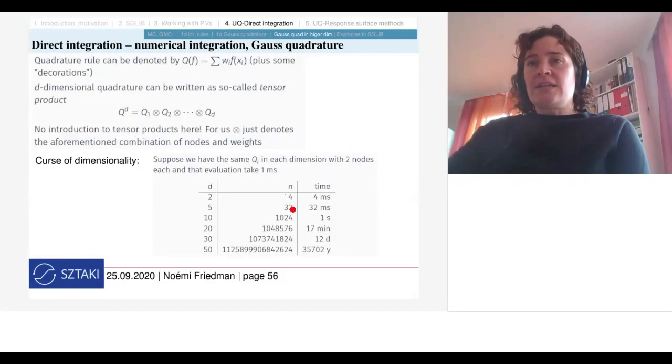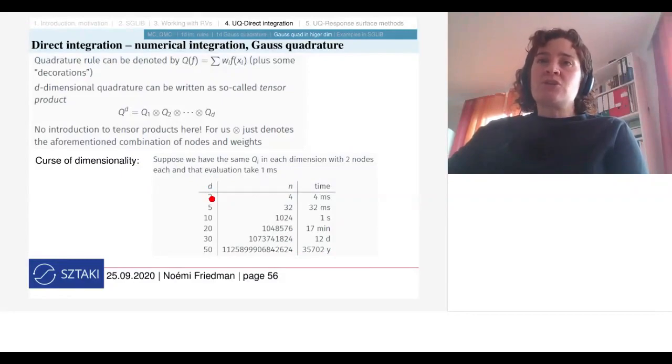And what you can see here is how the evaluation times can change with the number of the points, and how the number of the points can blow up if I have different dimension. So if I have 2 dimension, which I showed you, and if I use in both dimension the 2-point rule, then I have 4 number of points.